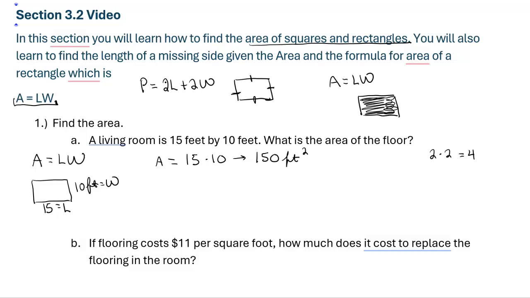You also have a common base, and so that can be written as 2 squared. So basically, I see it as, well, we're multiplying two things together. We need to take that into account by putting the square. That's one thing that my brain does, which sometimes can be a scary thing to know, but in this case, I find it quite helpful. Okay, so the area of the floor is 150 feet squared.